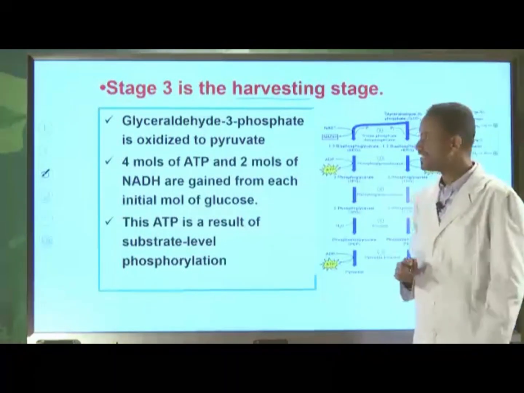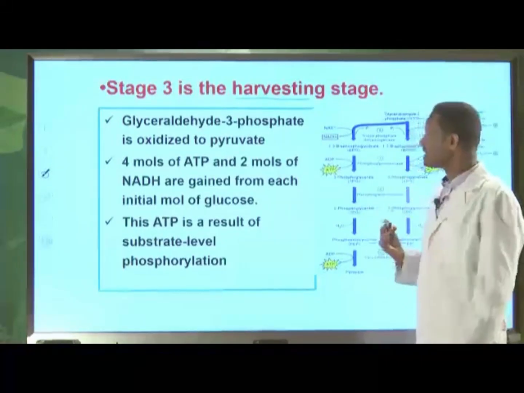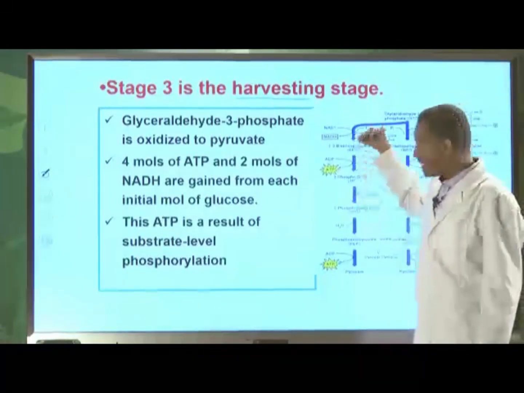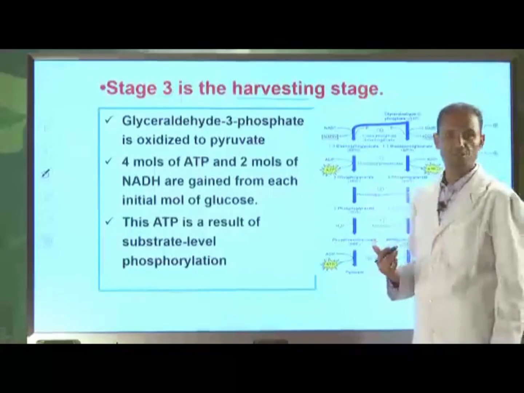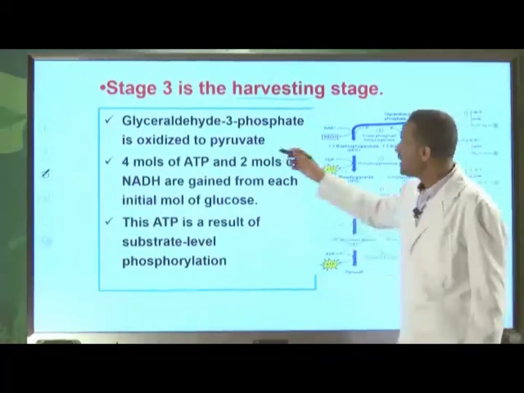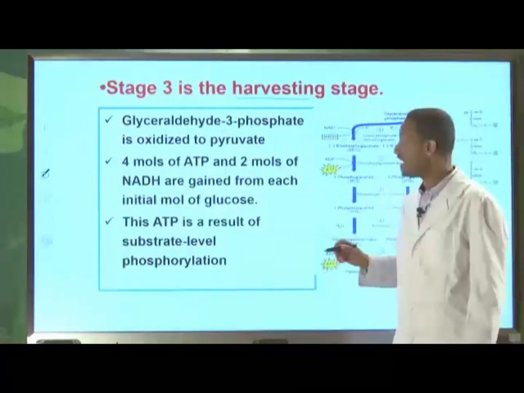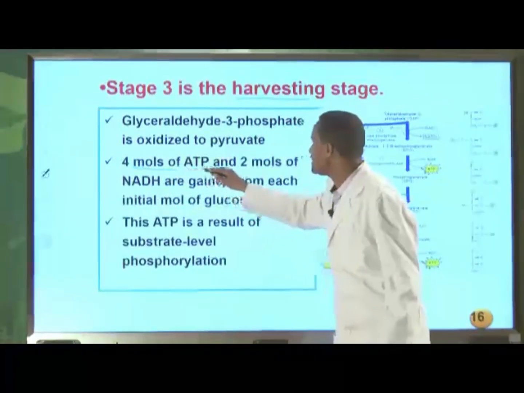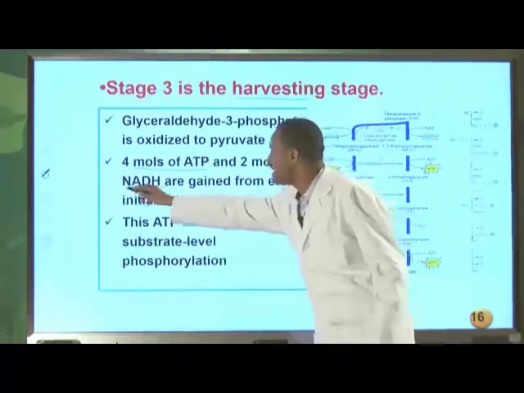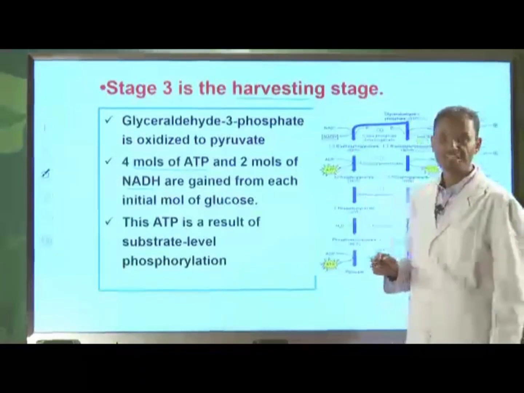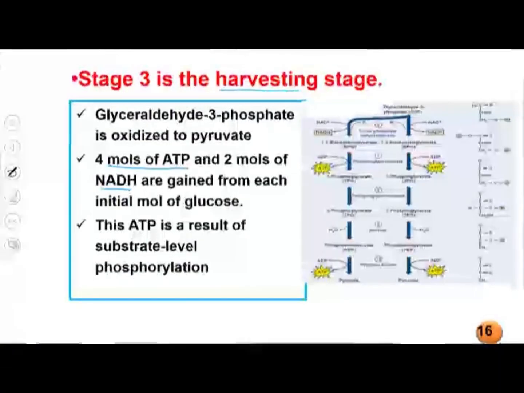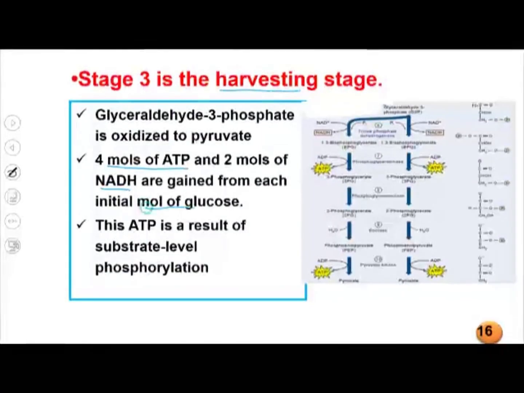It is the harvesting stage. It is called the harvesting stage because it is the stage at which ATP starts to be synthesized. Here, glyceraldehyde 3-phosphate is oxidized to pyruvate, and 4 molecules of ATP and 2 molecules of NADH, which is an energy-storing compound, are gained from the initial molecule of glucose.